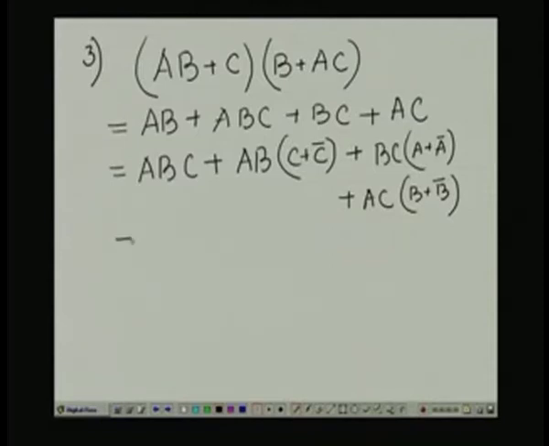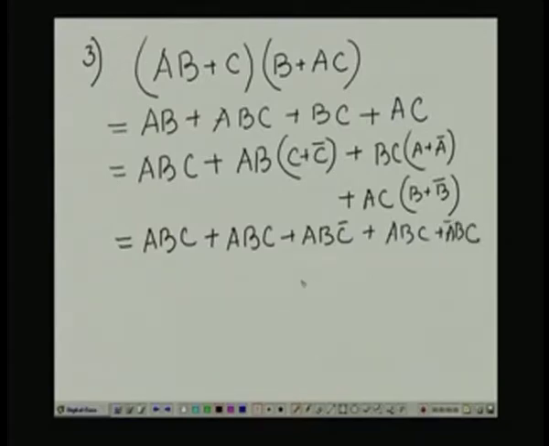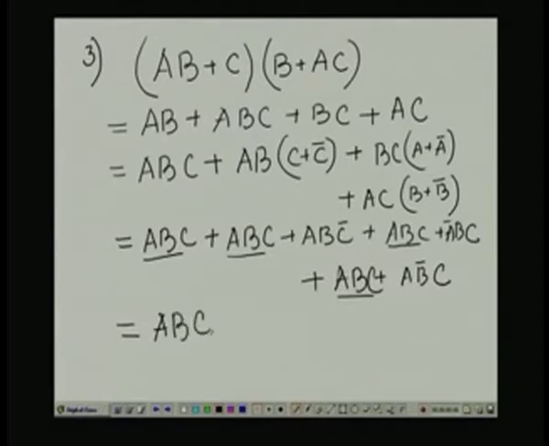So, how it becomes: this a b c plus, now again, a b c plus a b c bar, plus a b c plus a bar b c, plus a b c plus a b bar c. Now, see, all the a b c terms become a b c, because x plus x equals x, from the first postulate.